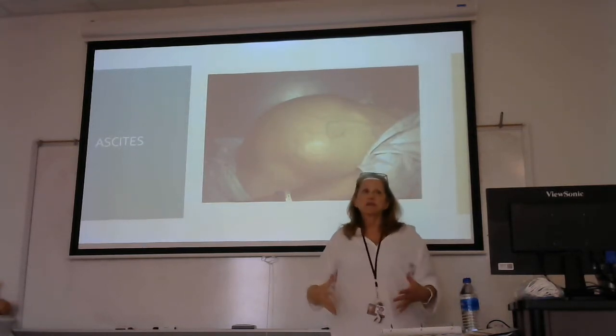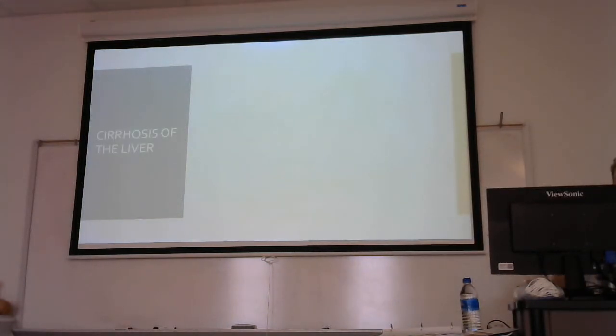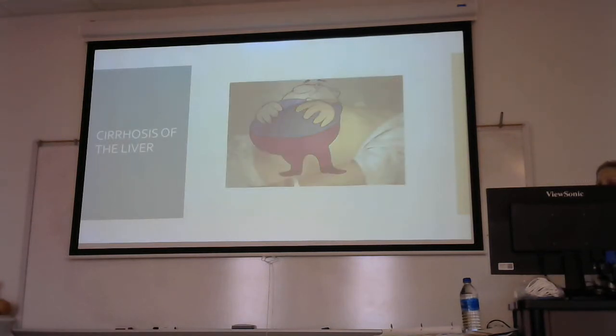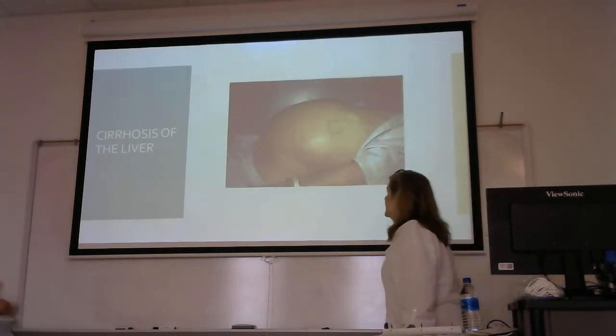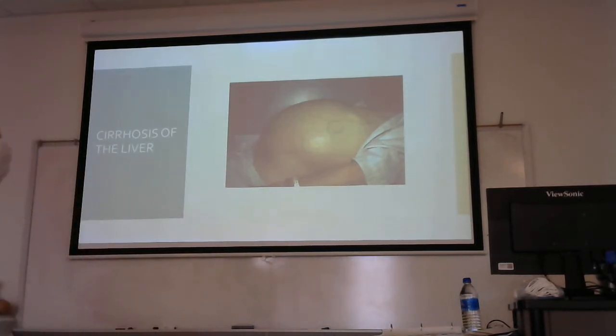That abdomen gets huge. It's a collection of fluids, and what can we do about that? Y'all ever had a patient come in with a big old abdomen like that? Paracentesis. We got to get that fluid off of there. And it can be as much as, I've seen 6 liters pulled off of somebody.